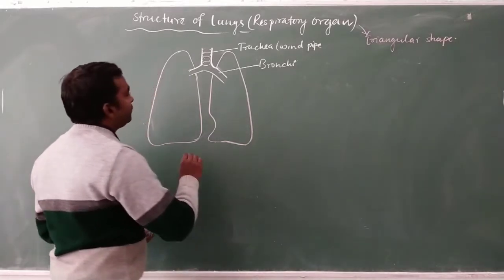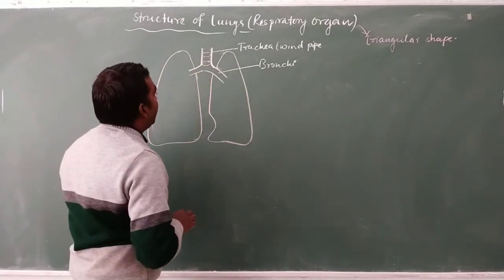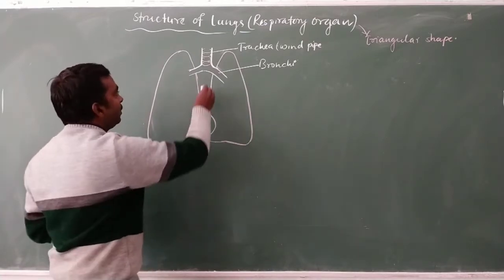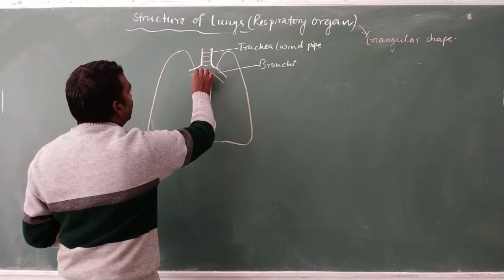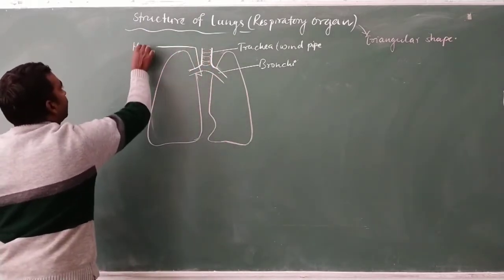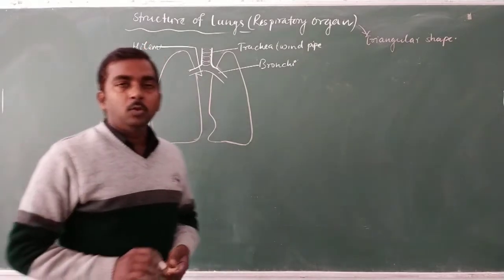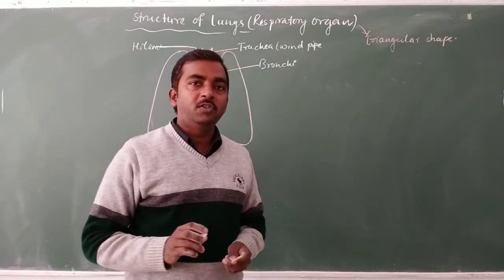In each lung there is a branching of the windpipe which enters into the lung, and the point through which the bronchi enter into the lung is known as the hilum.